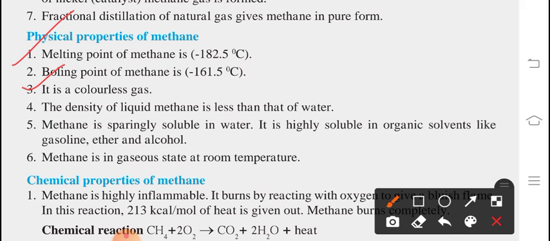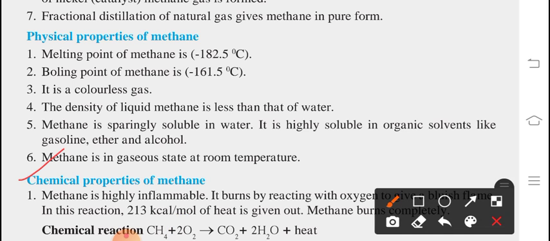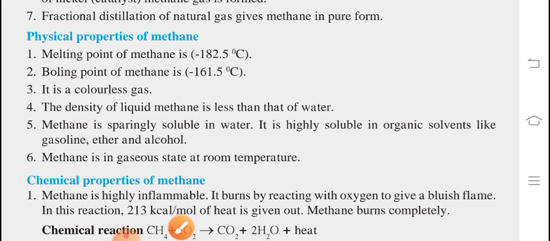The density of liquid methane is less than that of water. Methane is sparingly soluble in water. It is highly soluble in organic solvents like gasoline, ether, and alcohol. Methane is in gaseous state at room temperature.